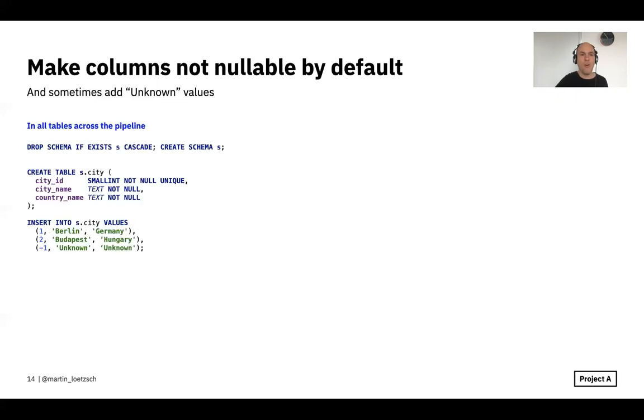So not only for tables that are consumed in reporting tools, which was already a kind of final entity table, but also for any kind of temporary table, always add not null constraints and also think about unknown values. Before, the table had nullable columns, so why not always add not null constraints to these tables?